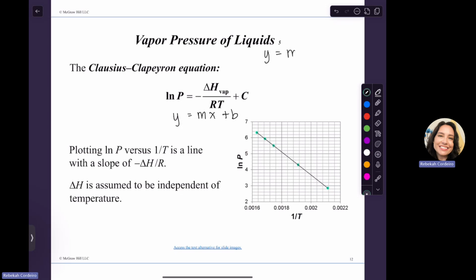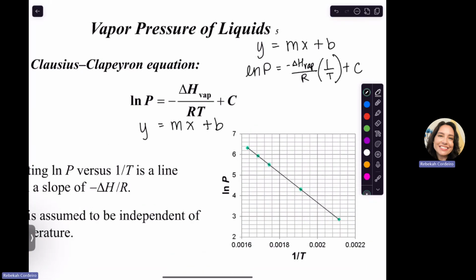The natural log of P is equal to negative delta H vap over R, times my X, which is 1 over T, plus my B, which is whatever that constant C is.